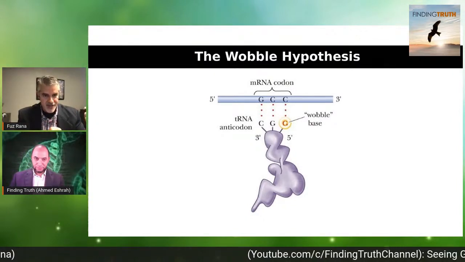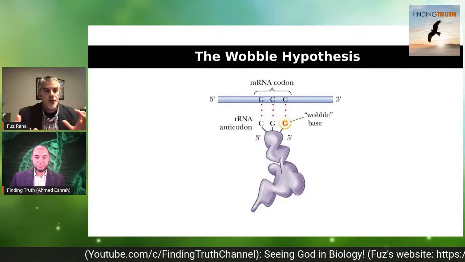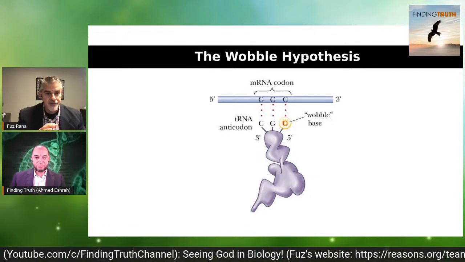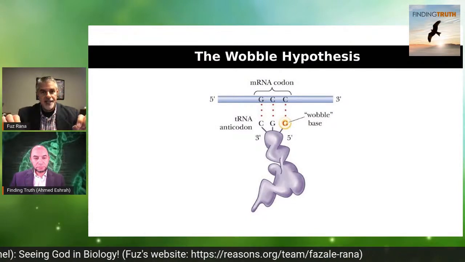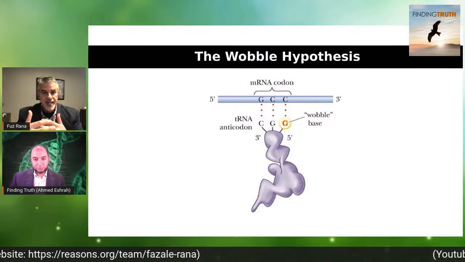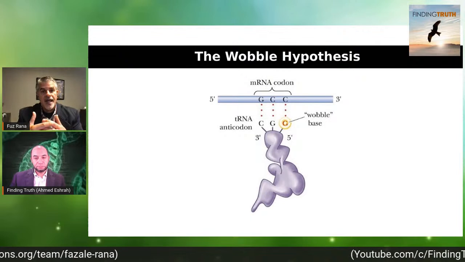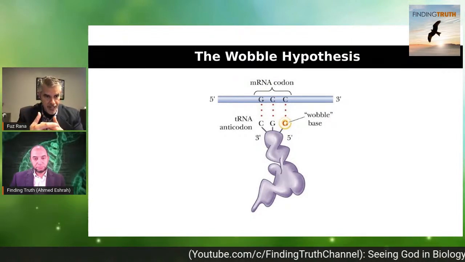We talked about that, right? Each amino acid has a corresponding transfer RNA molecule, and on the ribosome, the messenger RNA is there, and the anti-codon of the transfer RNA recognizes the codon of the messenger RNA.